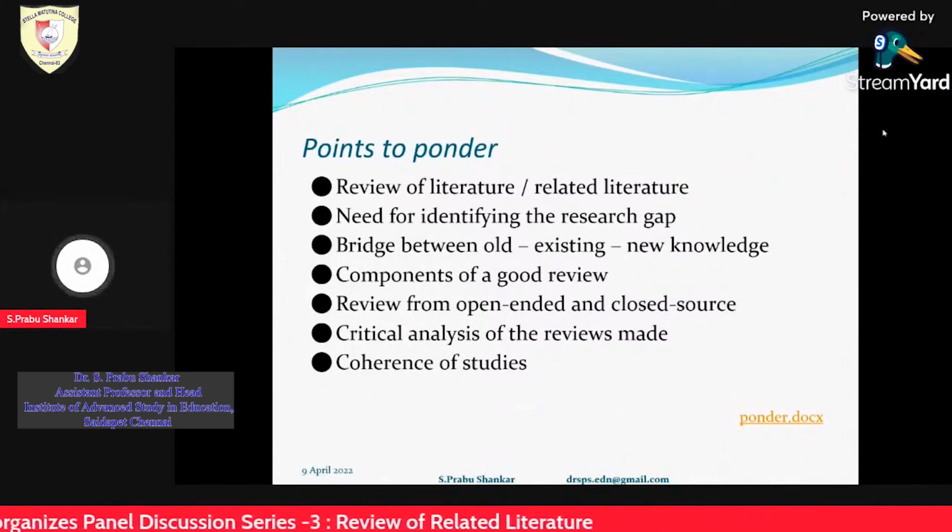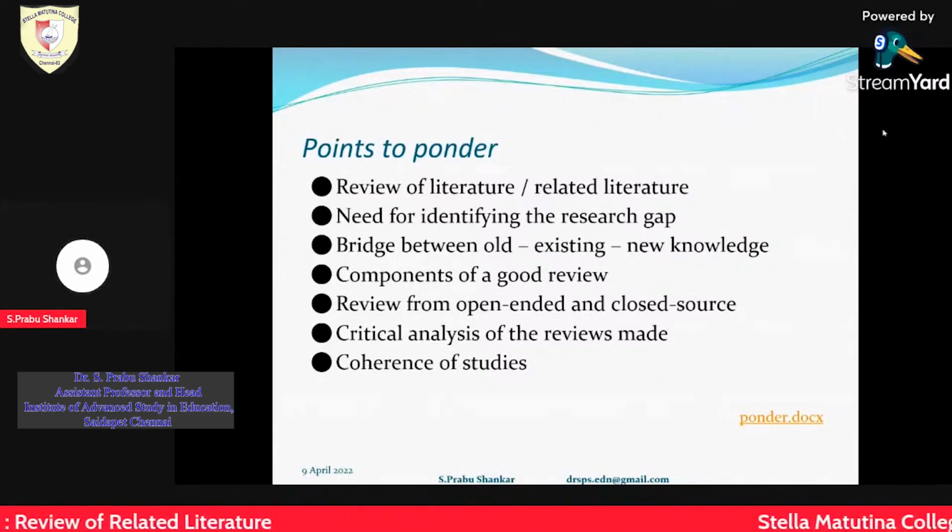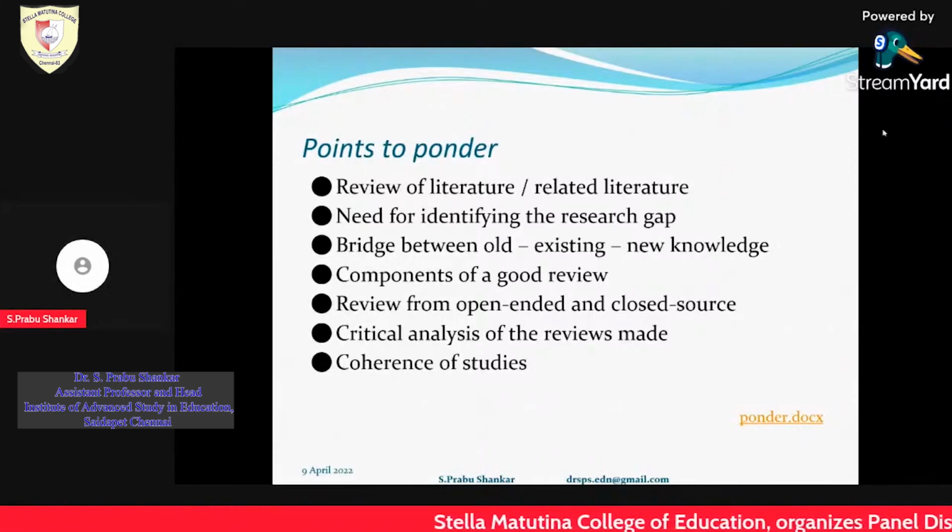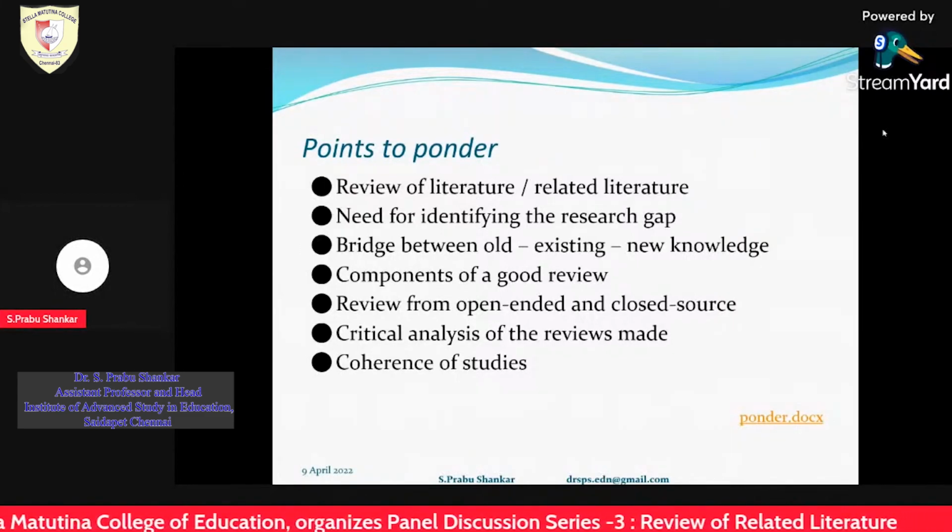So this is the major significance of the review of literature. Once you go through the literature, you'll understand the real need or purpose of how to identify the title, when to begin the research, or how to arrive at a title.